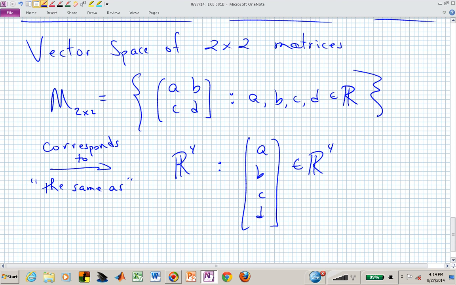So if you're not able to see what's going on with this 2 by 2 matrix, you could say, well, let me look at it as an R4, or a 4-dimensional vector of real elements. And now let me get a handle on what's going on. Then you restrict A, B, C, D in your 4-dimensional real vector to be consistent with the location in the 2 by 2 matrix.